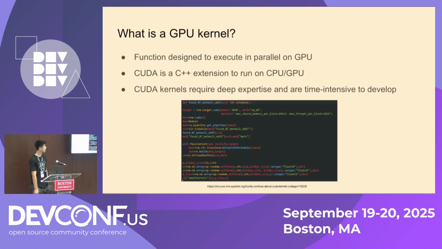The problem with CUDA kernels is that you have to have very deep expertise, many years of experience knowing GPU architecture, and it is very time intensive to develop, taking many weeks and even months to develop a very efficient kernel. This is just an example of a very simple CUDA kernel that one may write. As you can see, you have to really understand the deep GPU architecture to write these kernels.